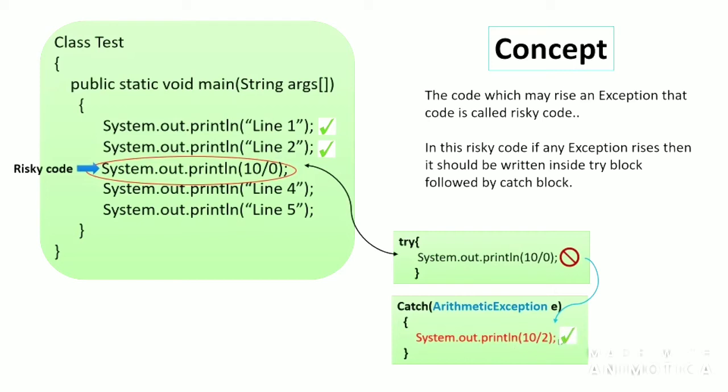Now this code will run fine. Now let's move to line 4, System.out.println line 4. There is no chance of raising an exception, so this line will also execute perfectly. Line 5 also has no chance of raising any type of exception, so this statement will also get executed fine.